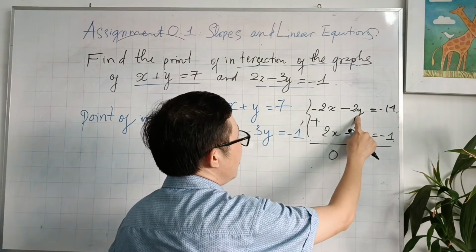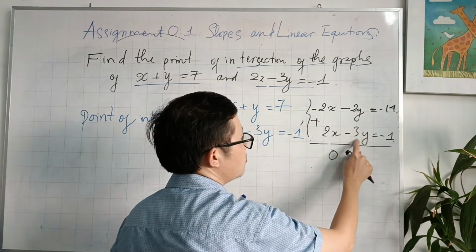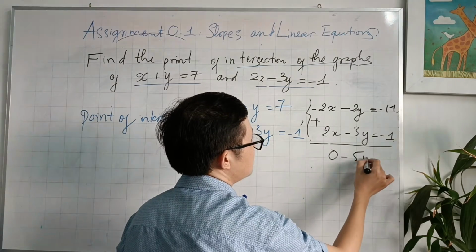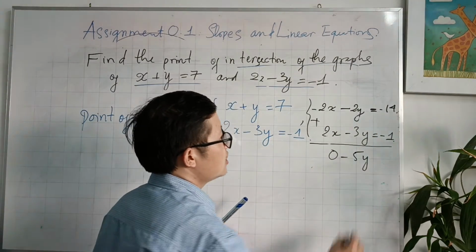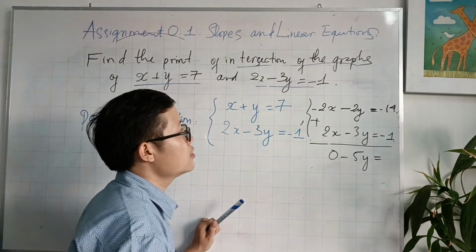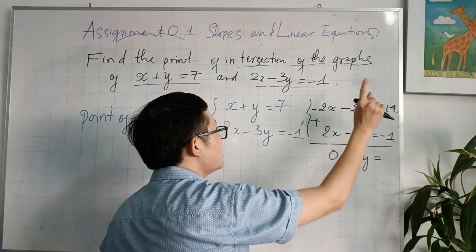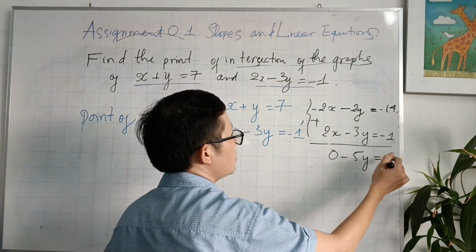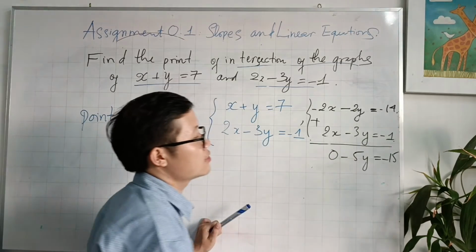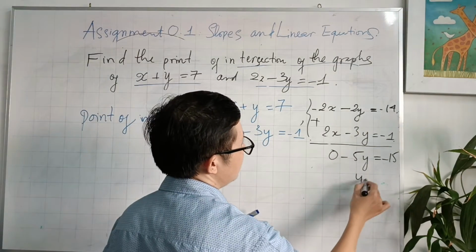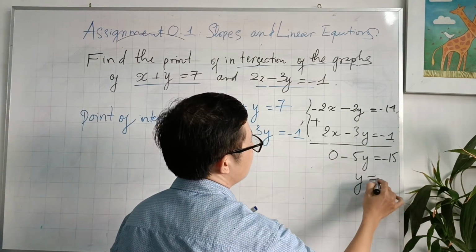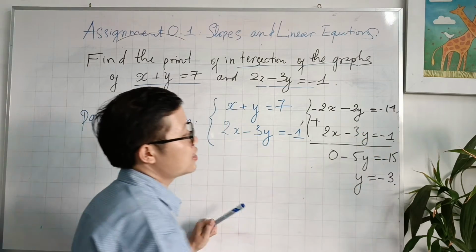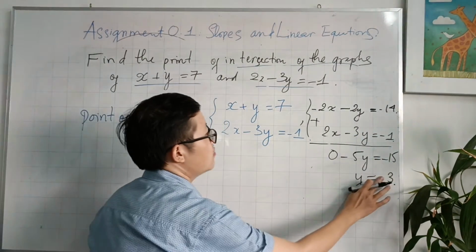Negative 2y plus negative 3y is negative 5y, equals negative 14 plus negative 1, which is negative 15. So y equals negative 3. Positive 3.